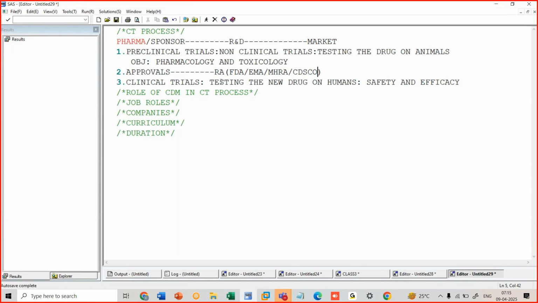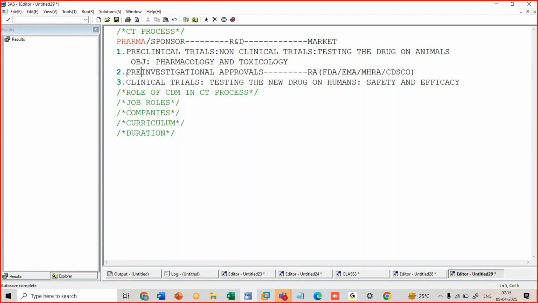So we should get approval. This approval is called investigational approval, because further we need to investigate the drug on human beings. That's the reason it is called investigational approval.